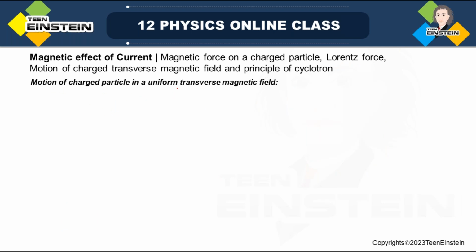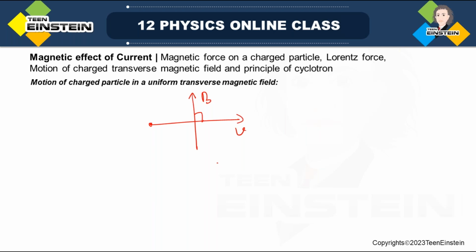Now we'll see when a charged particle is moving in a uniform but transverse magnetic field. I was already drawing a transverse magnetic field in the first slide itself. Transverse means perpendicular. If this is the direction of motion of the charged particle, the magnetic field will be in the direction perpendicular to the velocity.